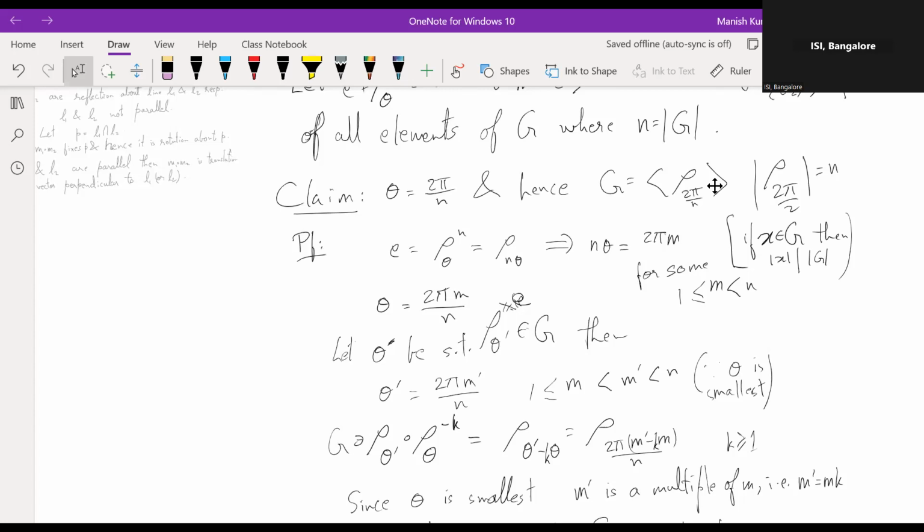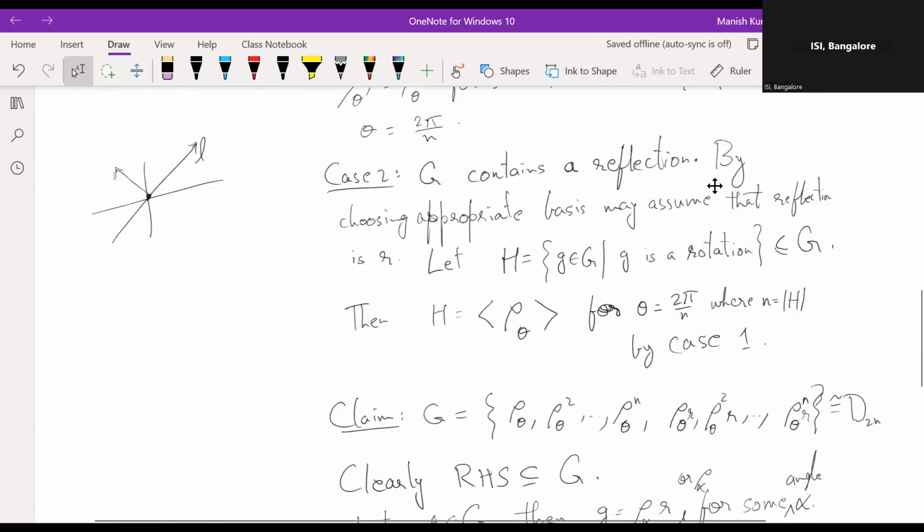So once we prove that, then we can take that point to be the origin, and then think of elements of G as elements of the orthogonal group of that plane, where that plane has origin at that point, and hence we get this.